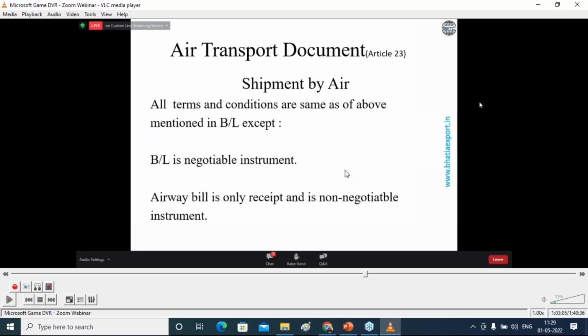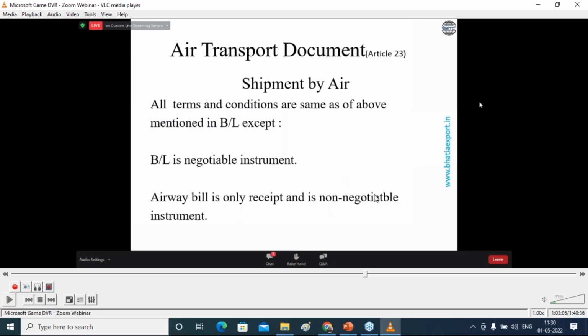With an airway bill, for example, when a consignment is shipped from the UAE to India, based on the bank endorsement that person can reach the airlines and get the release of the goods. But the airway bill may or may not be required. An airway bill is only a receipt and not a negotiable instrument.